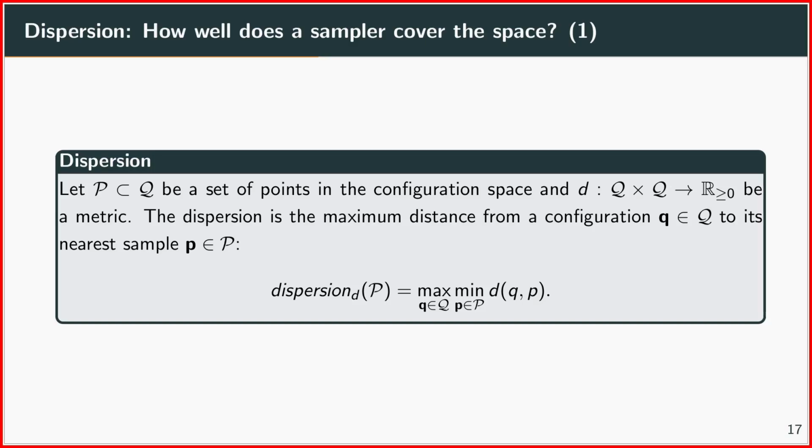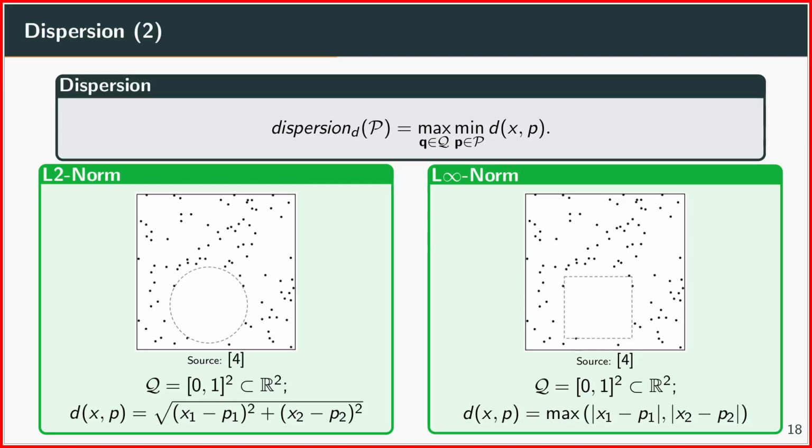So what does it mean? It means that you want to find out what is the point which is farthest away from any point in your current set of points. Here's a small example for this uniformly sampled space which we had before.